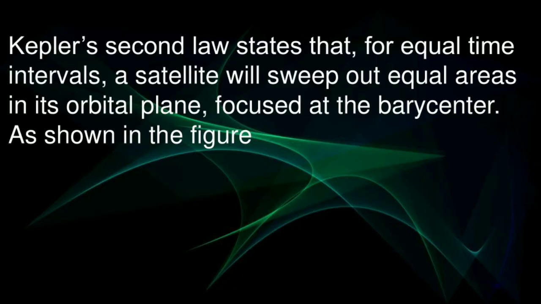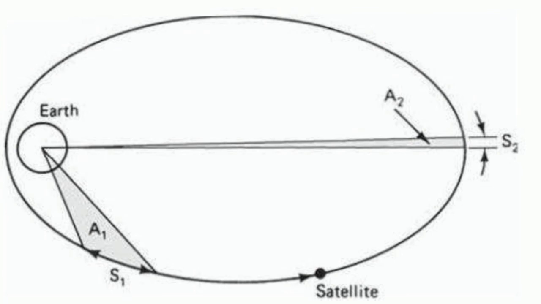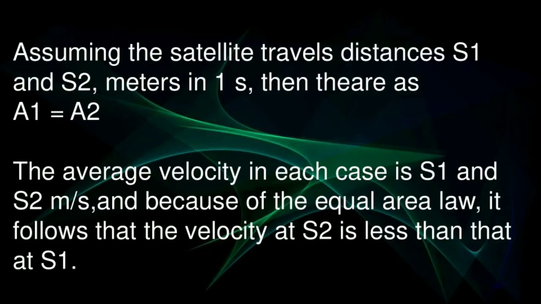So in this way Kepler's second law states that for equal time intervals a satellite will sweep out equal areas in its orbital plane focused at the very center as shown in the figure. Assuming the satellite travels distance s1 and s2 meters in 1 second, then the areas a1 equal a2.